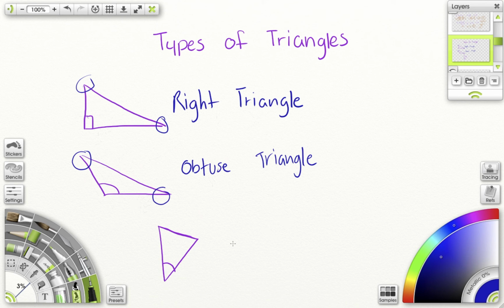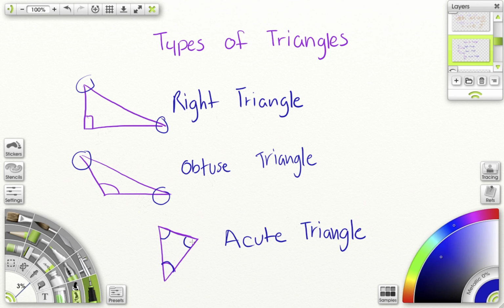The last triangle we have is called an acute triangle. So it has an acute angle. You can see right here, this is an acute angle because it's really small. There's something unique about an acute triangle though, and this is how you can easily tell it apart from the other two triangles: all three angles, so 1, 2, and 3, are really small. They're all acute angles.